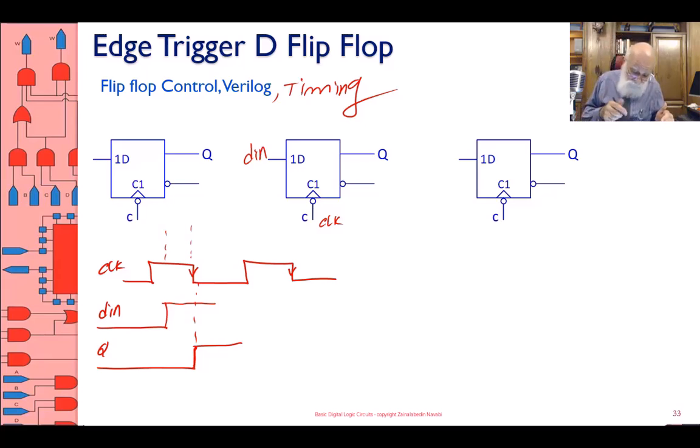Yes, I can change D here, I can change D here, but if I get too close to the active edge of the clock, I am violating the setup time. And therefore, the minimum amount of time between D changing and the active edge of the clock is called setup time.